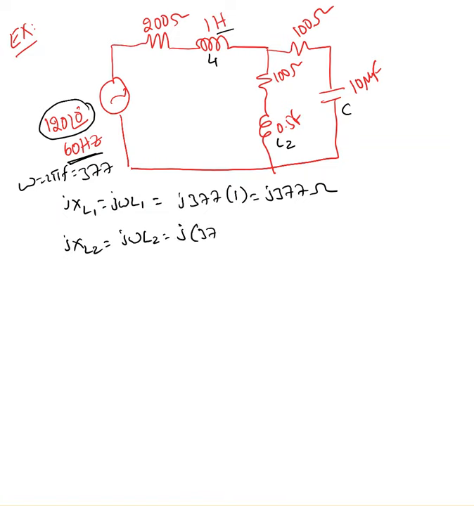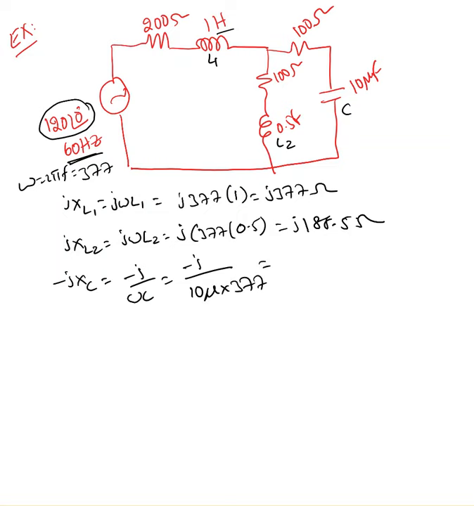So j377 times 0.5, which will end up with j188.5 ohm. Minus jXC equal to minus j over omega C, which is minus j over 10 micro times 377. That value is minus j 265.25 ohm.